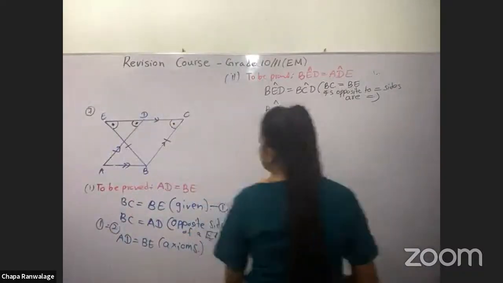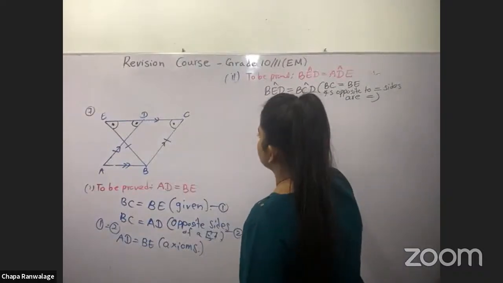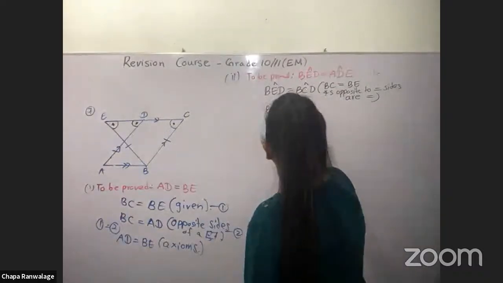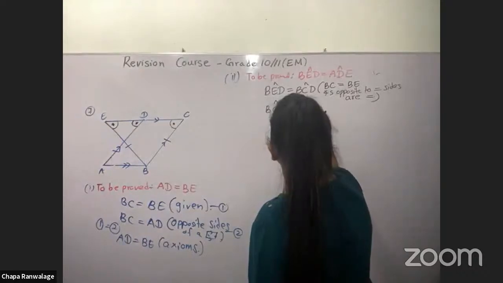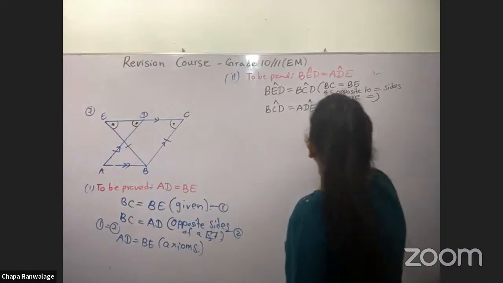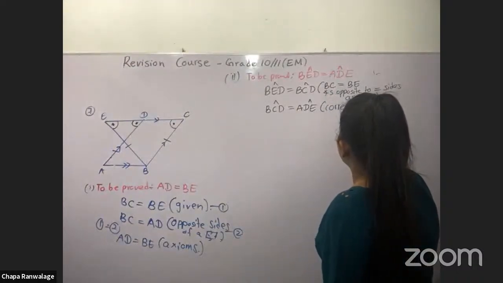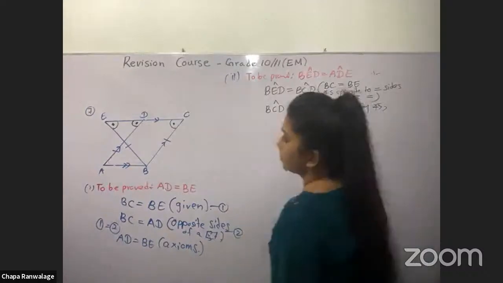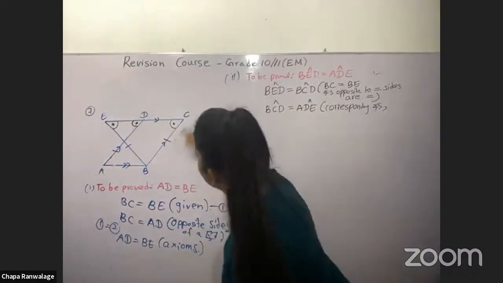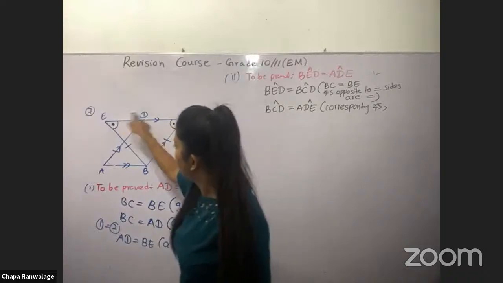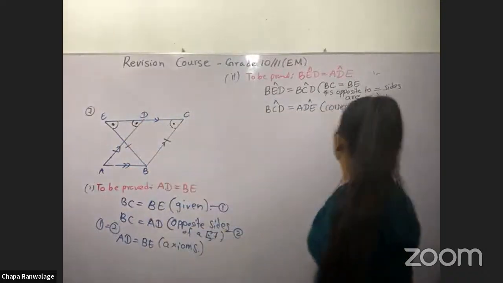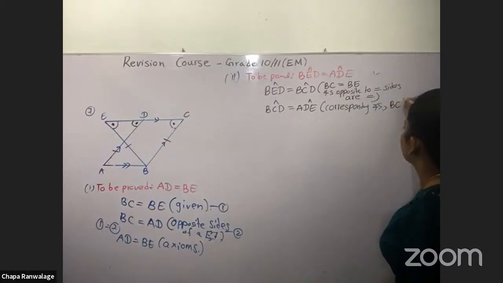BCD equals ADE. Corresponding angles. BC is parallel to AD.